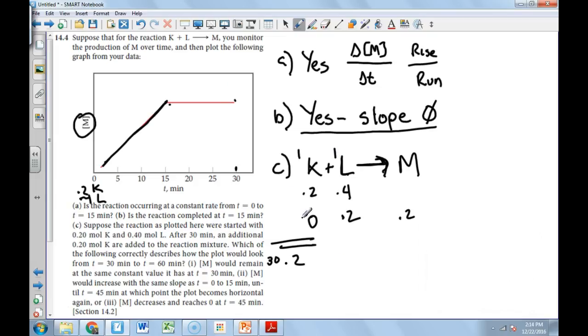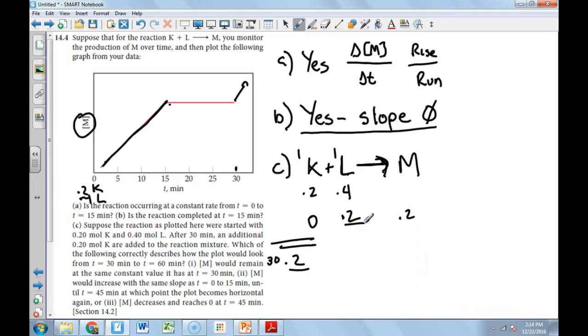So this is now going to react. The question then becomes, is it going to have the same slope? We know that this is going to react because there's some K and some L. But how quickly is it going to react?